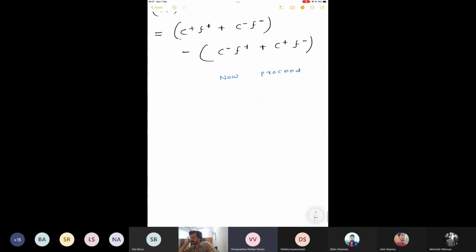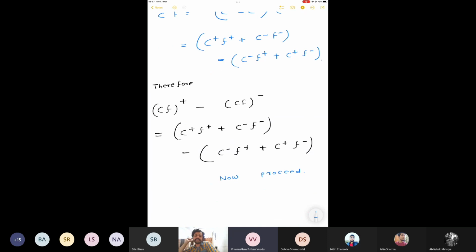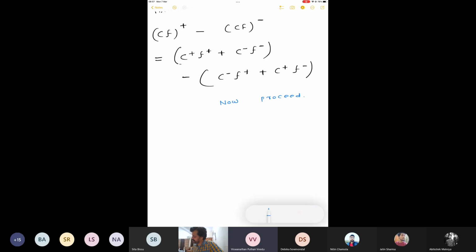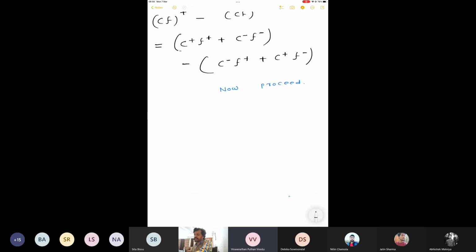So here you can write the integral of cf plus minus cf minus is equal to the integral on the right side. But then can I split it into two integrals? There you will have an issue because linearity we proved only for non-negative functions, c greater than 0. Anyway, I don't want to confuse too much. I am giving you too many simple things which may help, but sometimes they may confuse you also. So let me not do that. Anyway, you can proceed like this.